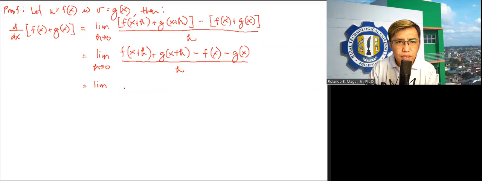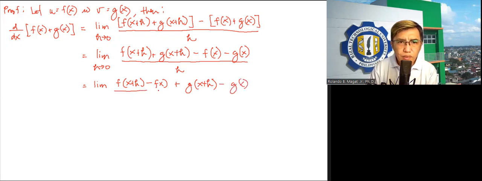We have the limit of f of x plus h minus f of x, plus g of x plus h minus g of x, all over h.